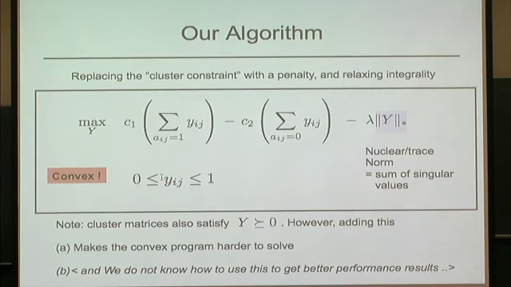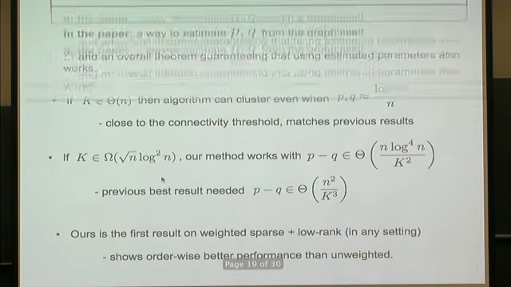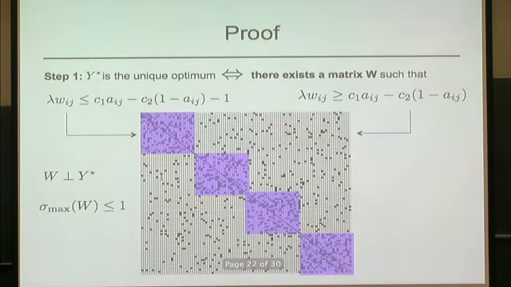So that should be pretty simple to do. It's not as simple as it would have been if it was smooth. Because it's not smooth, what that boils down to is this. The first order necessary and sufficient conditions are that Y star, which is the true matrix, is the unique optimum if and only if there exists some matrix W which satisfies a bunch of properties.